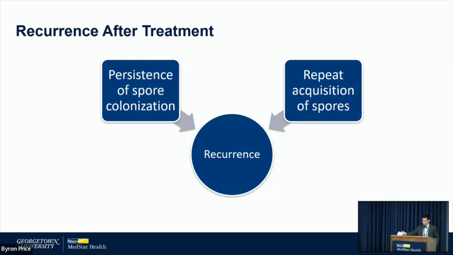So notably, patients can shed spores for weeks after completion of C. diff treatment and the resolution of symptoms. And because these spores are very robust, it's very easy, even if you do truly clear all the spores, to reacquire spores from the environment, especially in our folks who at times are at home and maybe re-inoculating themselves from fomites in their home setting.